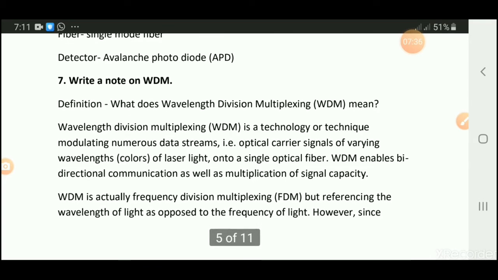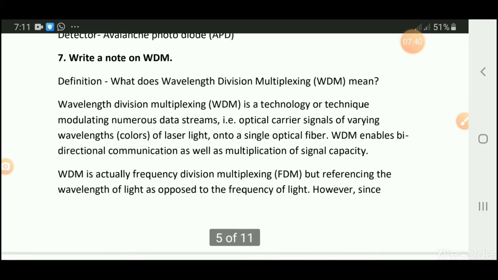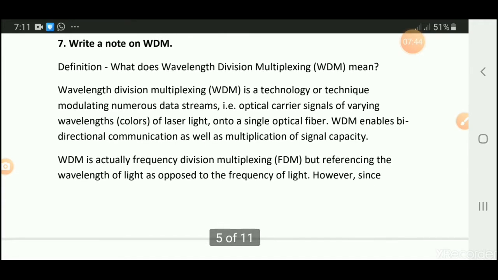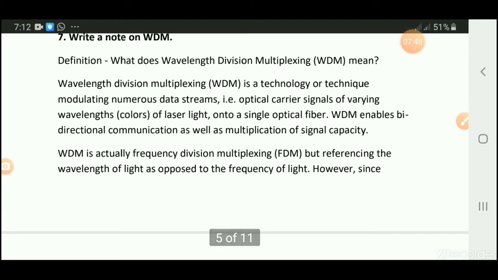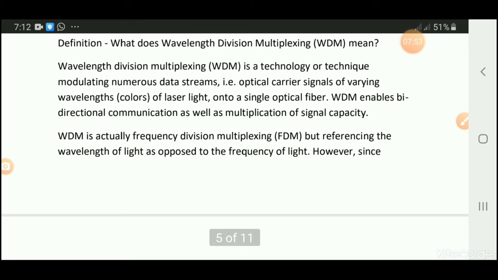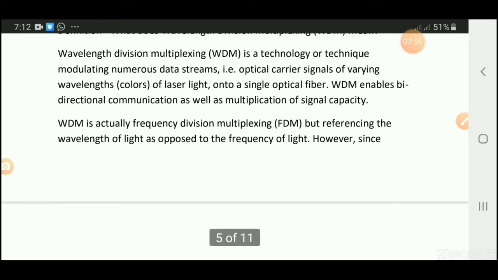Write a note on WDM. Wavelength division multiplexing is a technology or technique of modulating numerous data streams, that is optical carrier signals of varying wavelengths of laser light, onto a single optical fiber. WDM enables bidirectional communication as well as multiplication of signal capacity.